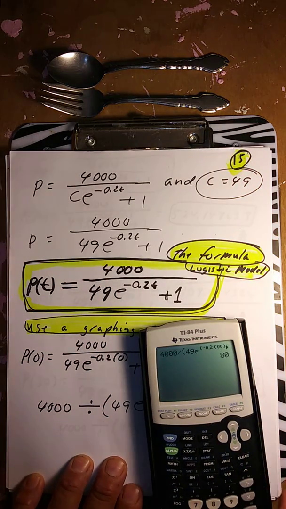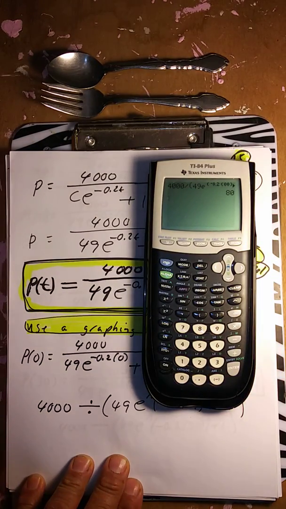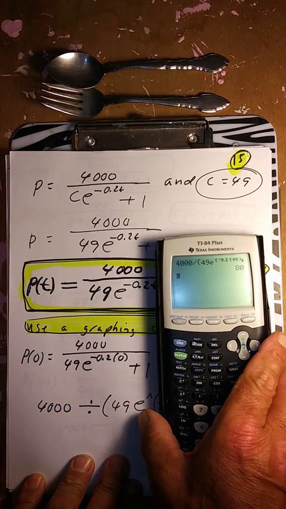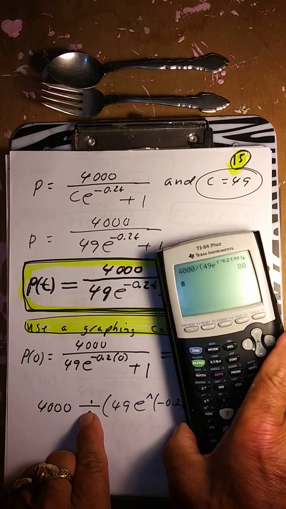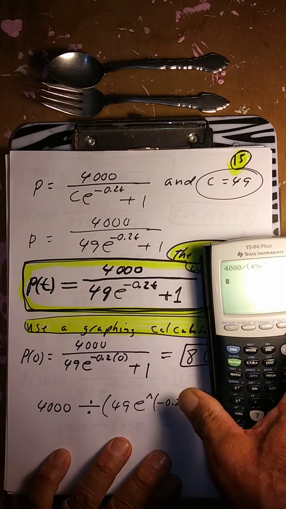Alright, I got 80 when I do this. So when I put this in my calculator, I got 80.